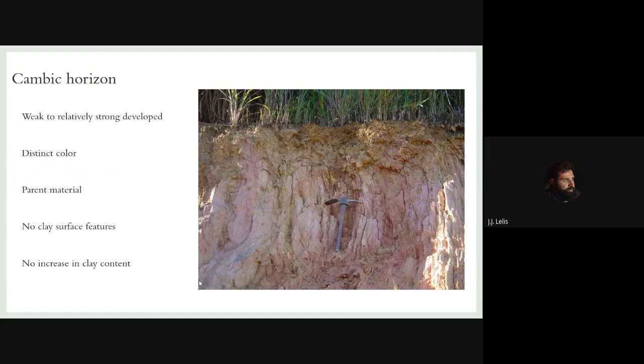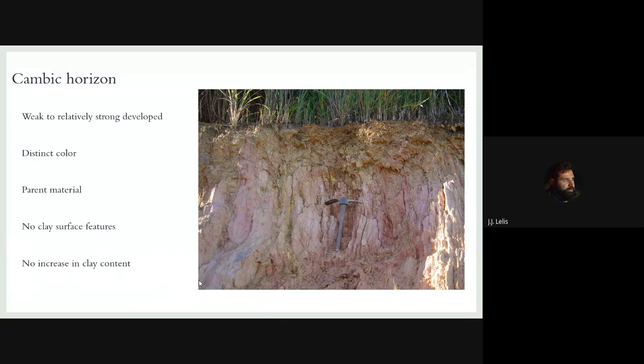They are horizons that are growing up, and they are getting different from the parent material, but they did not register any kind of specific soil process, like the concentration of iron or the production of stress features or the increase of clay content in the subsurface horizon.